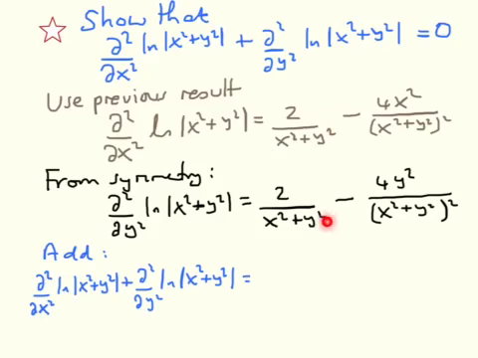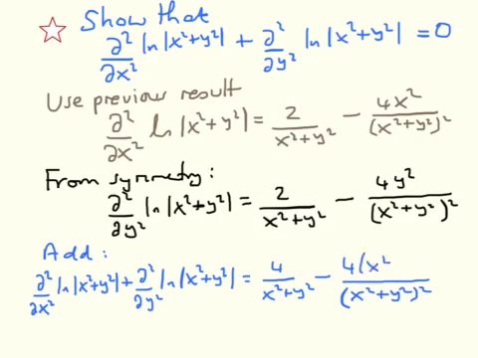This term and this term are identical, so I'm going to get 4 over x squared plus y squared. These terms have got a common minus sign, and they have a common factor of 4, and the denominator is the same, (x squared plus y squared) all squared. But in the numerator, in one case we have an x squared, that's this term here, and in the other case we have a y squared, so we'll have x squared plus y squared.